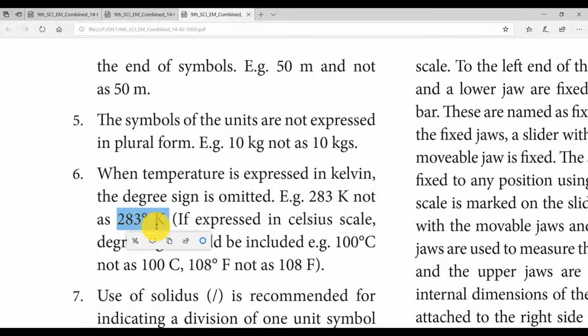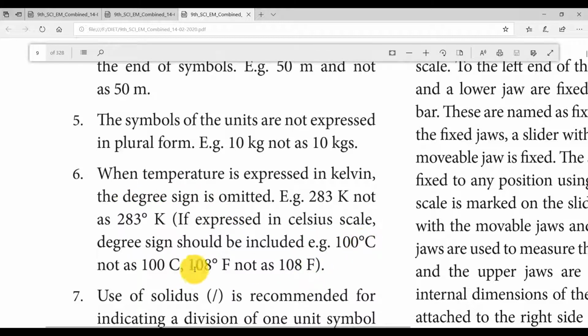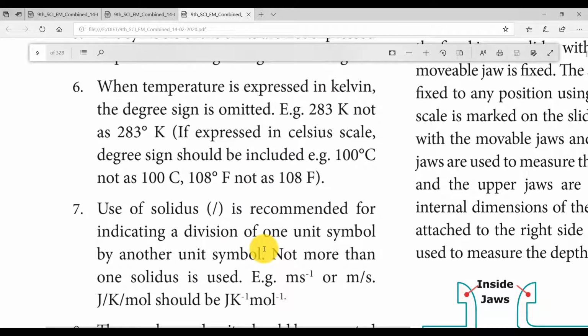You should not use it like this. But for 100 degree Celsius and 180 degree Fahrenheit, we have to use the degree sign. You should not use degree for kelvin. This is the peculiar case and you have to know it very well.